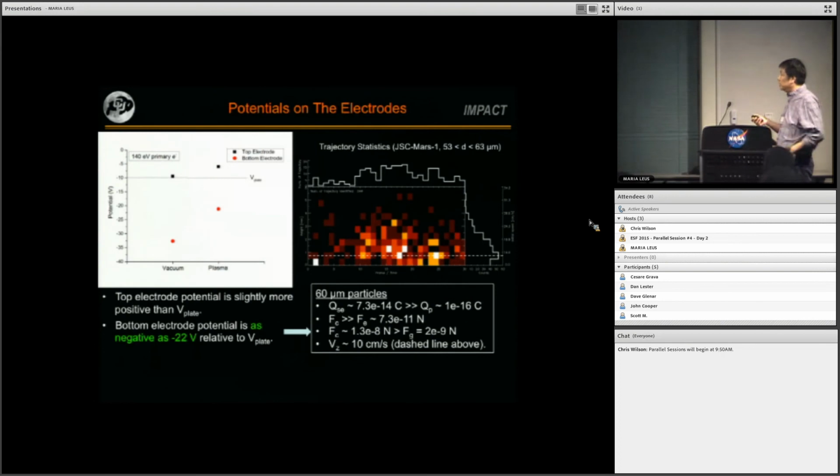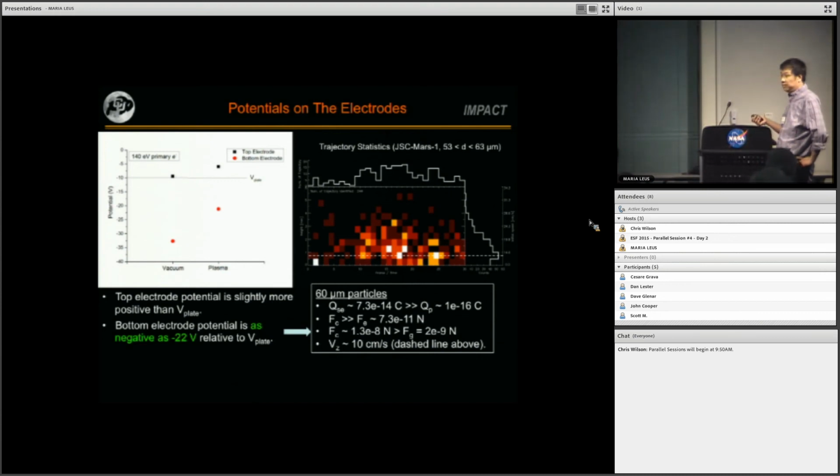And here it is. This is our measurement for the potential on both electrodes, in vacuum and in plasma. It shows the top electrode always charged much more positive than the bottom electrode. And in the vacuum condition, the bottom electrode can be as negative as minus 22 volts. So if you put this voltage for the 60 micron dust particles, you get the charge due to the secondary electron.